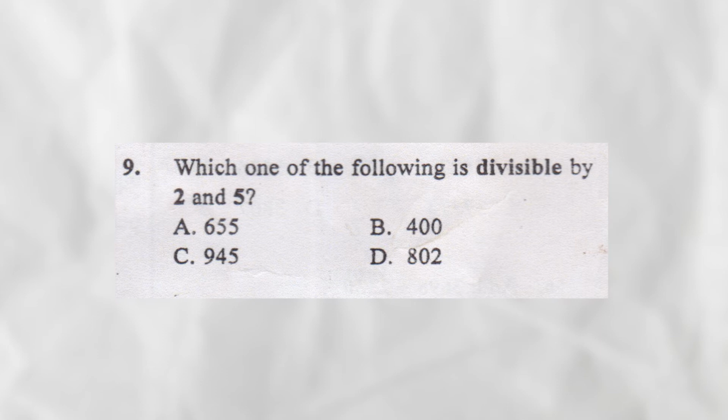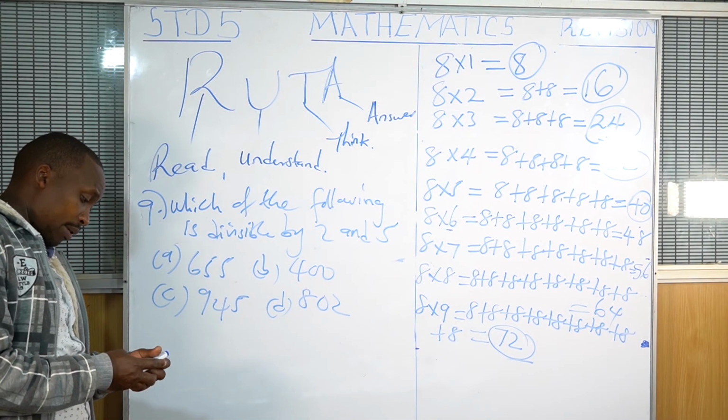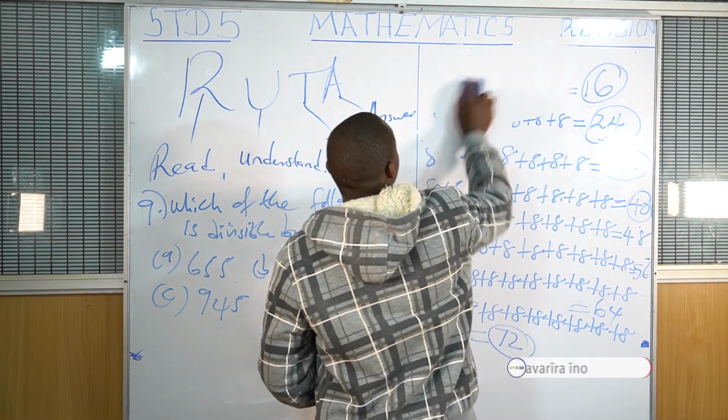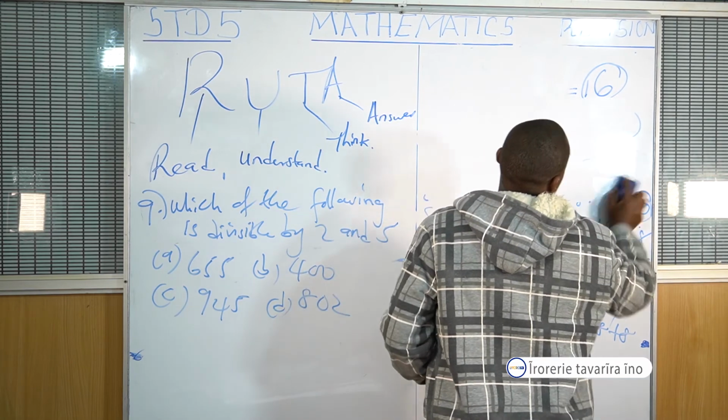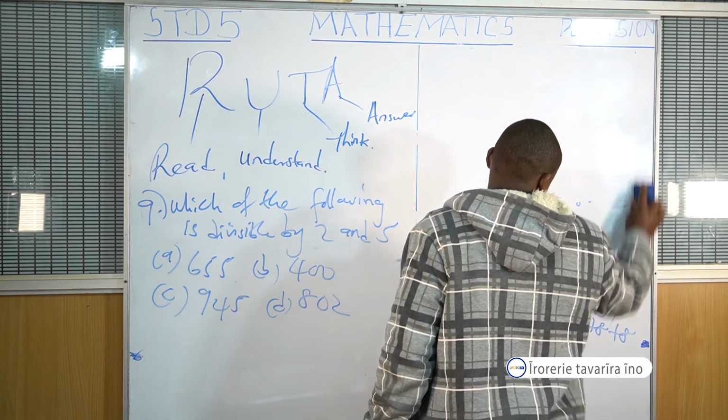Now, class 5s, you must use our formula, that is router. R for reading, we have already read. We are supposed to go to U for understanding.